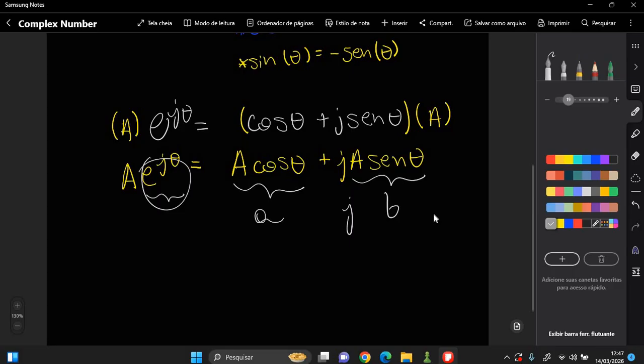And this Euler formula is used to convert numbers in the Cartesian coordinates to polar coordinates. This way is polar and this way is Cartesian. So that is a Cartesian polar coordinate.